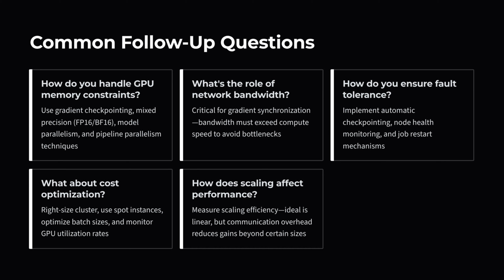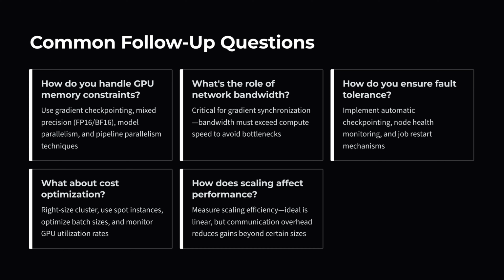Training a large LLM can push more than 300 GB per second of gradient traffic across interconnects. If the network can't handle that, GPUs show 50 to 70% idle time in profiling tools. Fault tolerance often uses automatic checkpoints and node health monitoring, similar to autosave in a game that protects hours of progress.